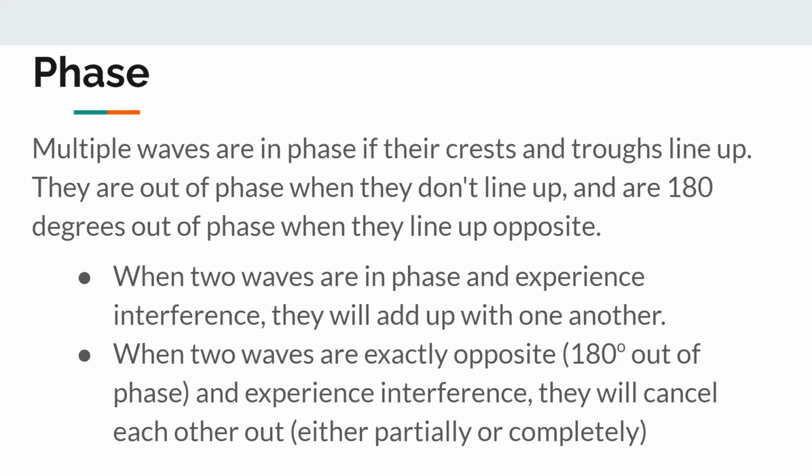So if the crest of one and the trough of the other line up, we would call those 180 degrees out of phase. When two waves are in phase and experience interference, they add up with one another. But when two waves are exactly opposite or 180 degrees out of phase and they experience interference, they completely cancel each other out. Okay, either partially or completely, depending on the waves that we're looking at.